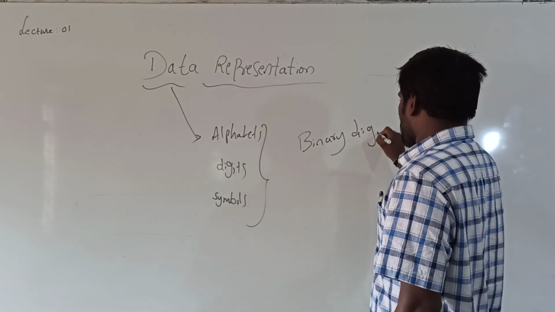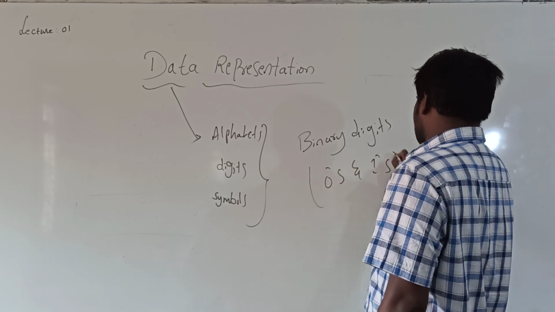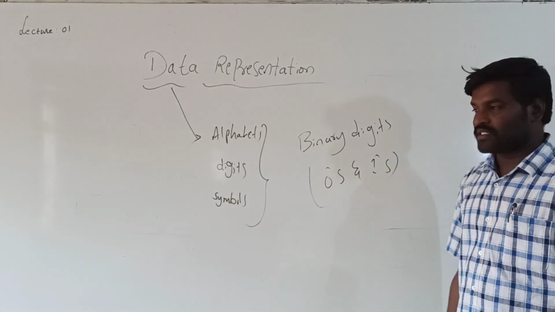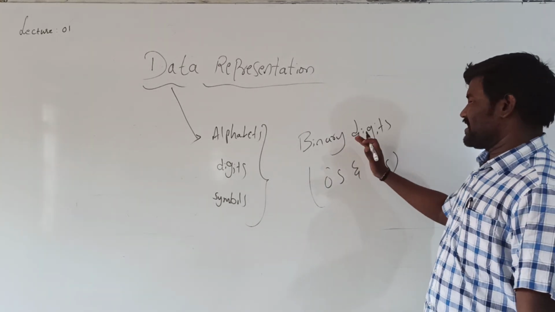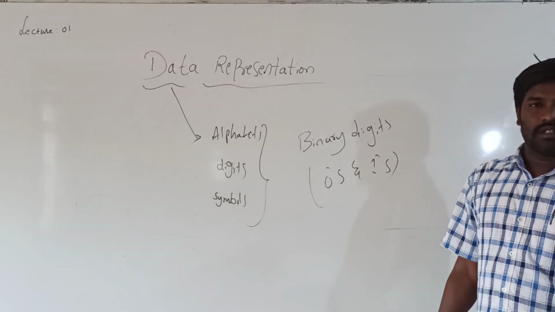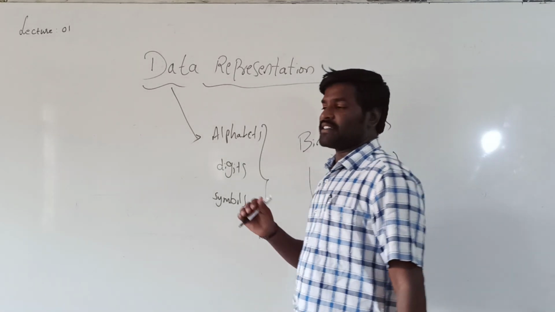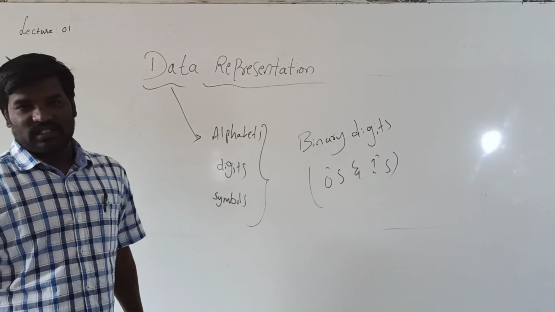Binary digits are nothing but zeros and ones. Binary means 2, so a binary digit consists of two values, that is 0 and 1. Whatever you enter can be stored in terms of zeros and ones.